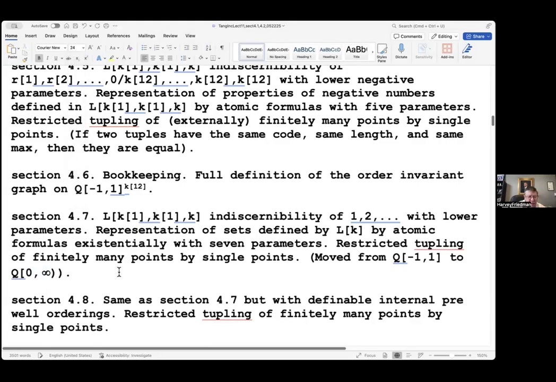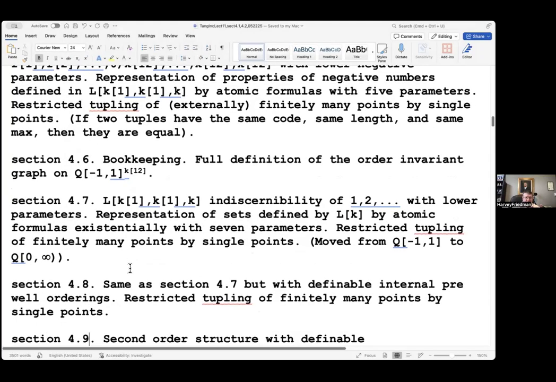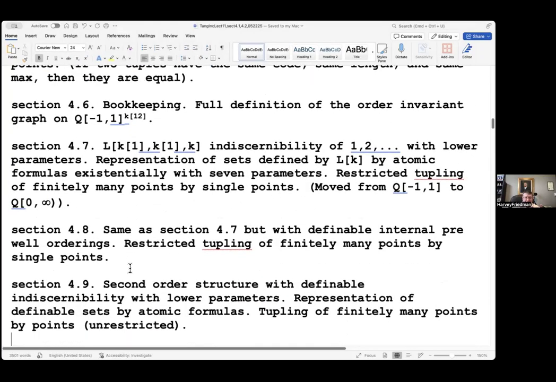Okay. The next section, we don't change anything, but we get definable internal pre-well orderings. We developed definable internal pre-well orderings, which are going to become, so to speak, our ordinals later.